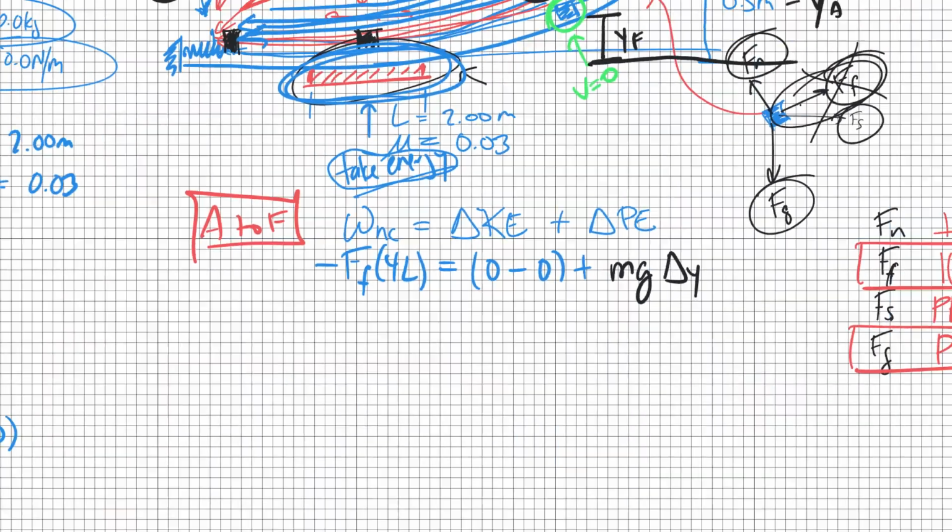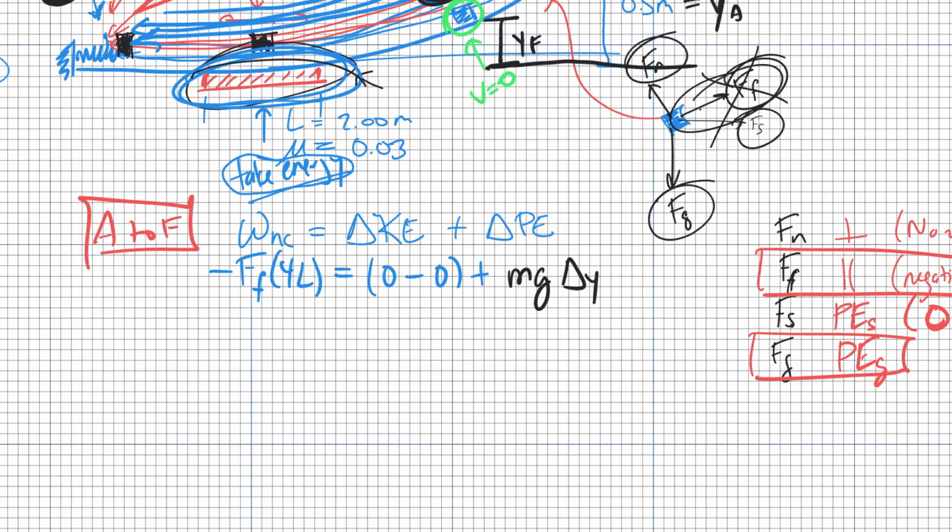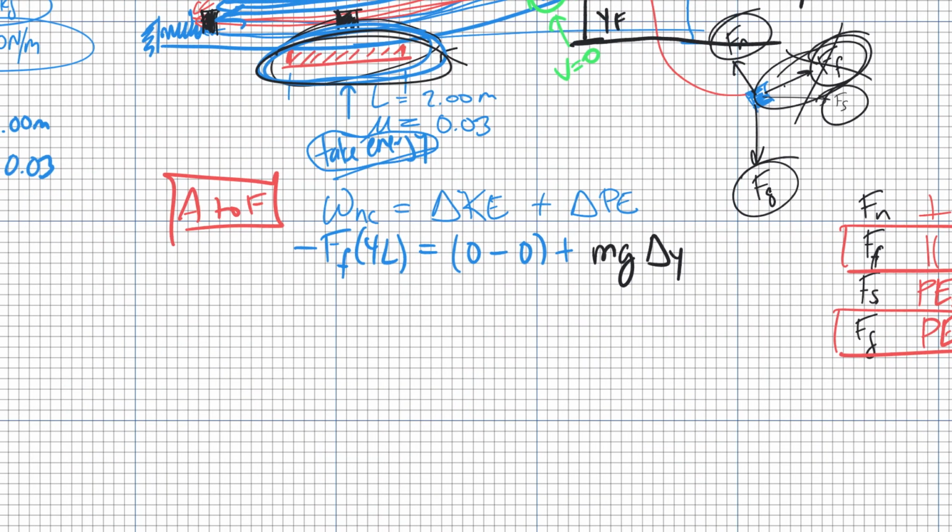Okay, so the force of friction in this case, this patch is nice and level, so the normal force is just mg. So negative mu mg, mu times the normal force, times 4L equals mg delta y. It looks like those m's are going to cancel.